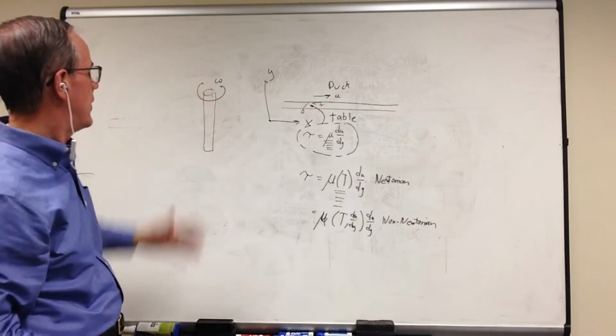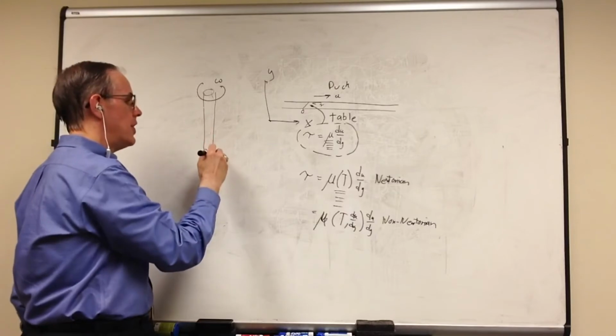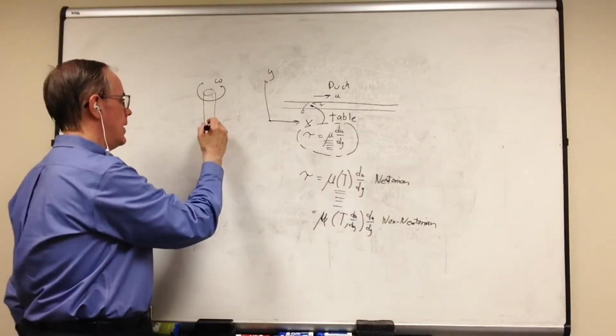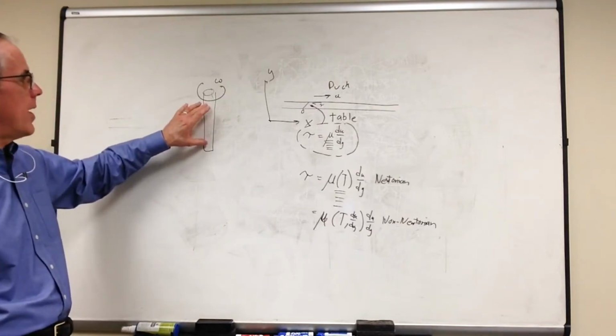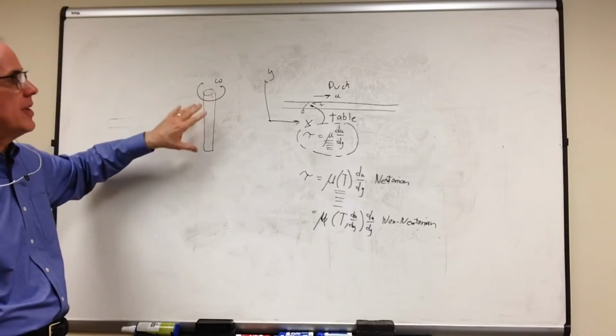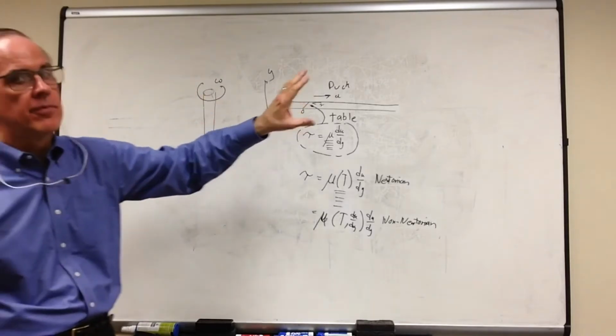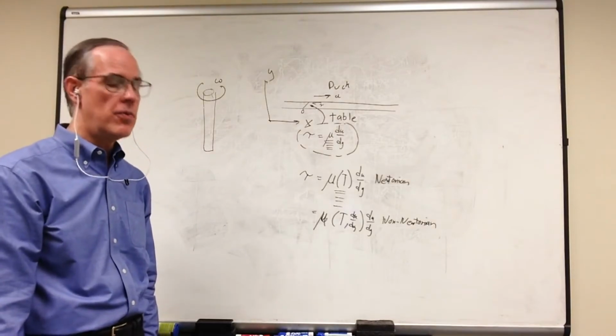We have a certain velocity. If the fluid is Newtonian, then we get a shear rate. No matter what rotational speed we run this at, we should get the same viscosity. If it's not, we won't.